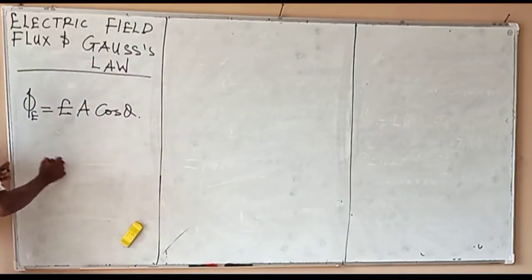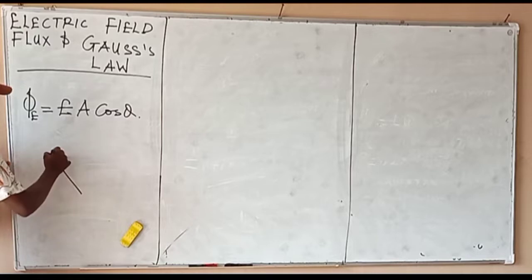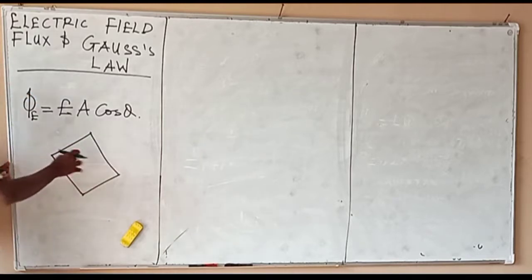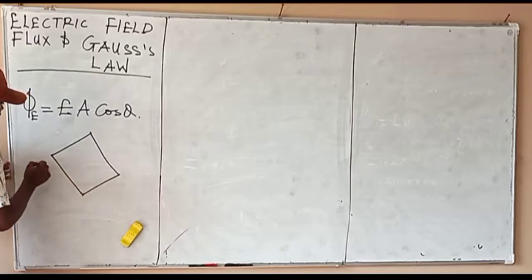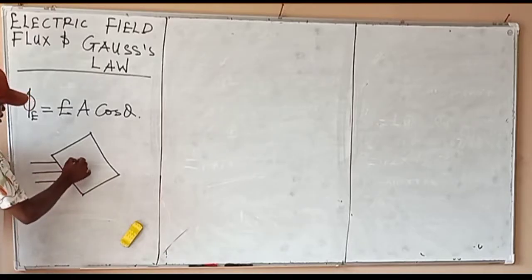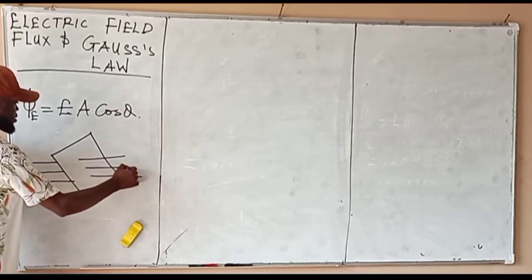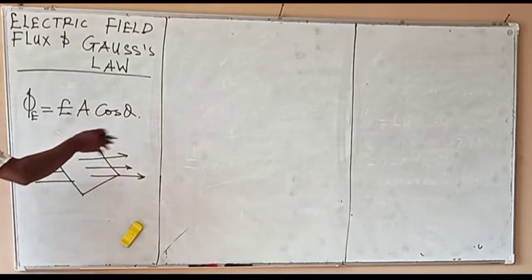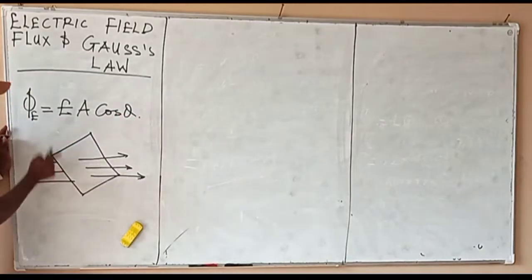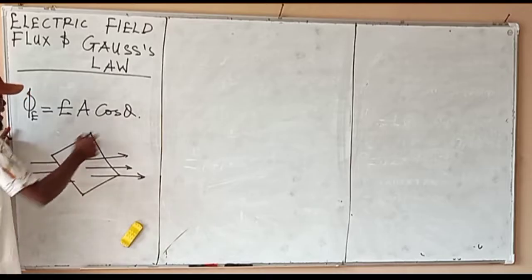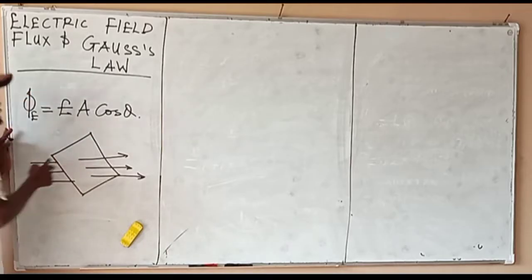Let's say we have this rectangular surface. Then let's say we have electric field lines coming this way, radially outward, just leaving this surface. Now, the angle theta is the angle between these field lines and the line that is perpendicular to this surface.